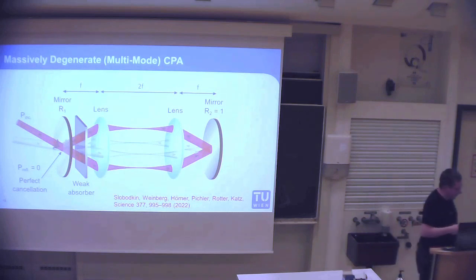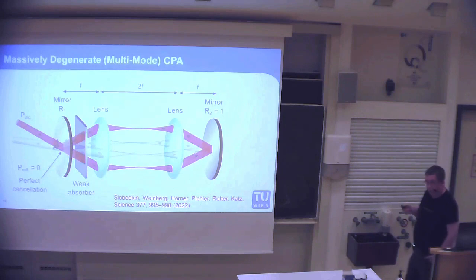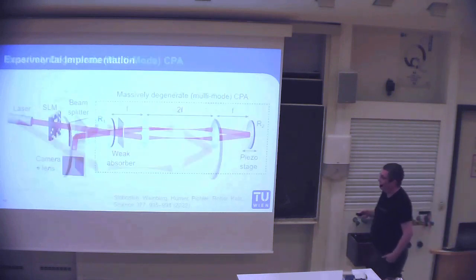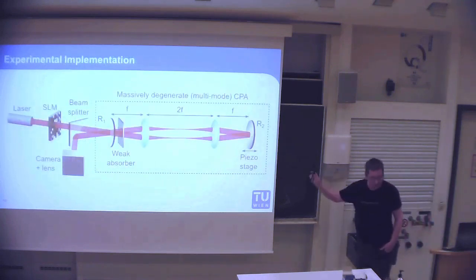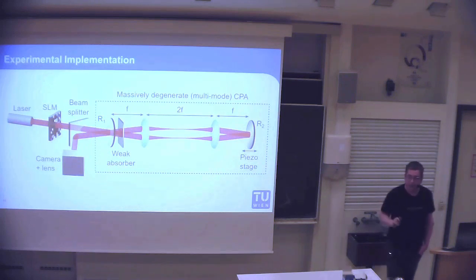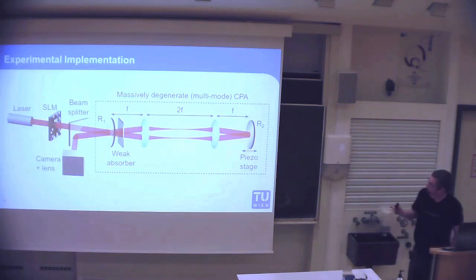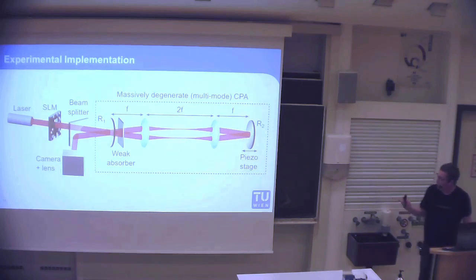We did extended numerical simulation to show how well it would work, and then our collaborators in Israel did a tremendous job in doing an experimental implementation. So this is a sketch of how the experimental implementation looked. You have the degenerate cavity here on the right side.